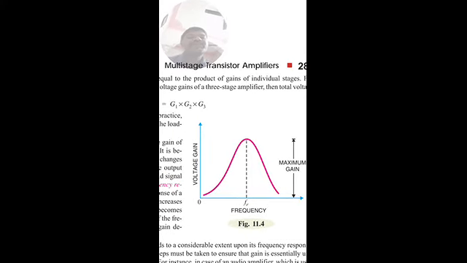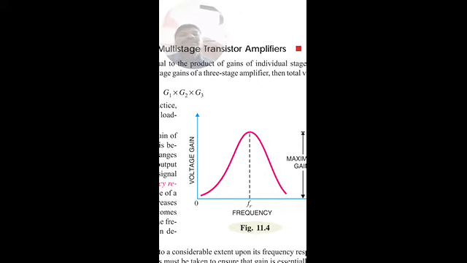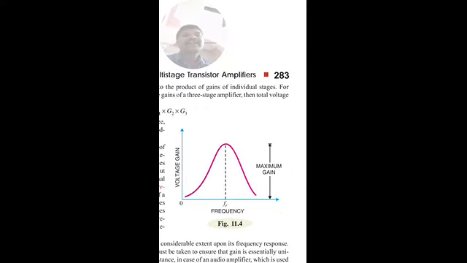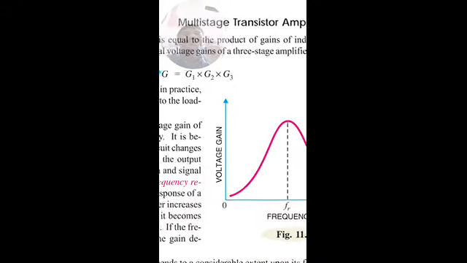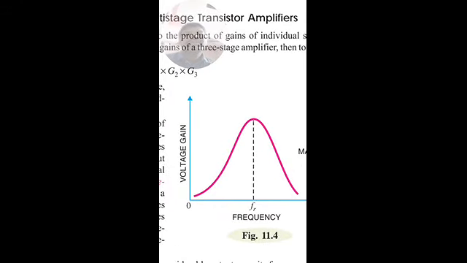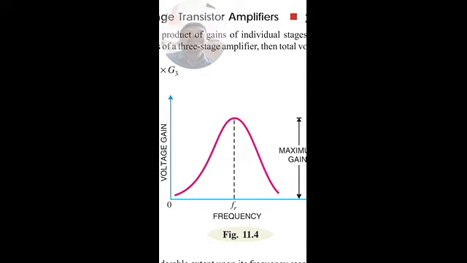That curve shows the variation of the voltage gain, shown on the y-axis, with the frequency of the signal on the x-axis. If you see that graph, we can observe that the gain is maximum in the mid frequencies, and the gain falls at low and high frequencies.